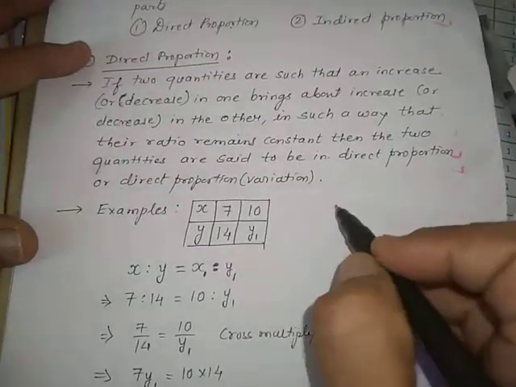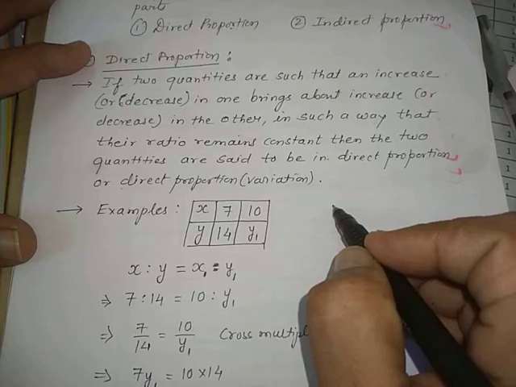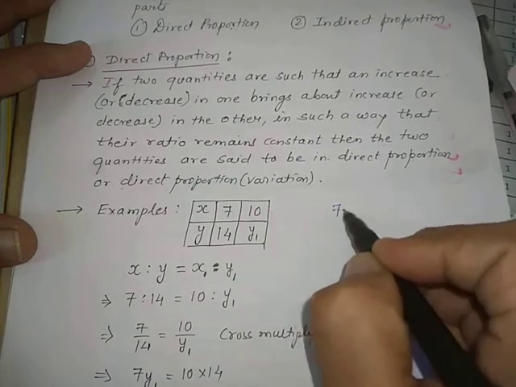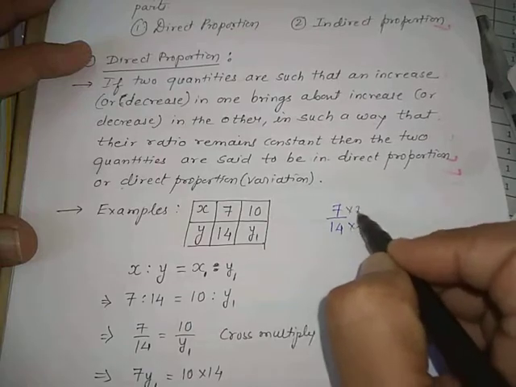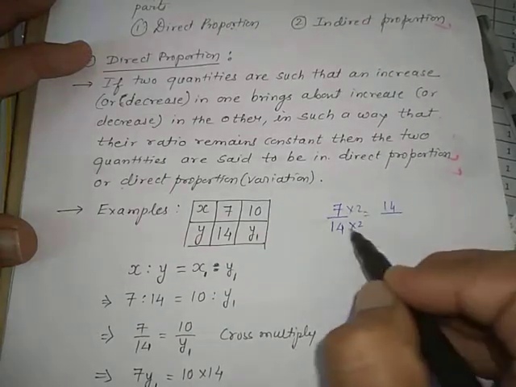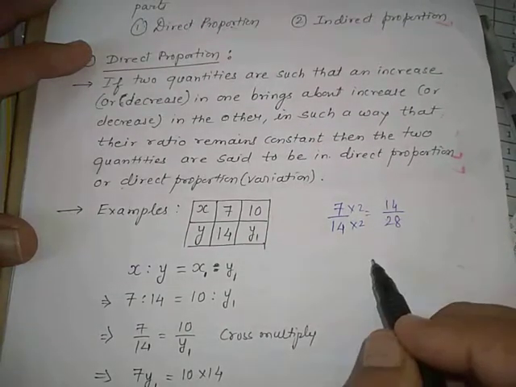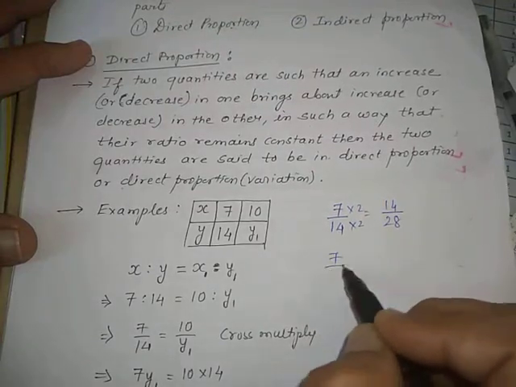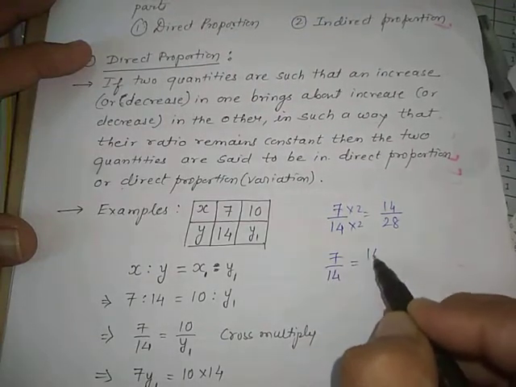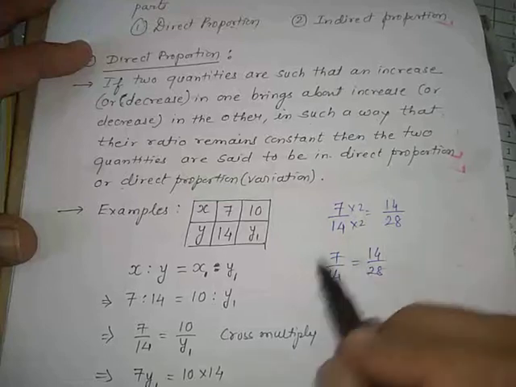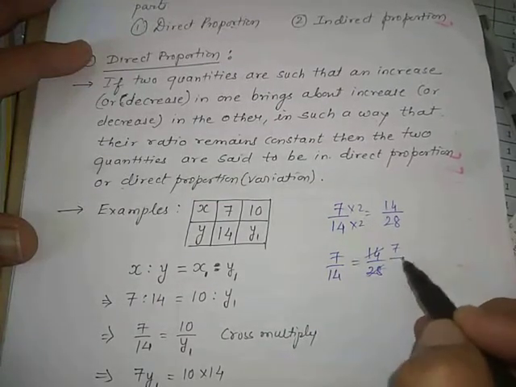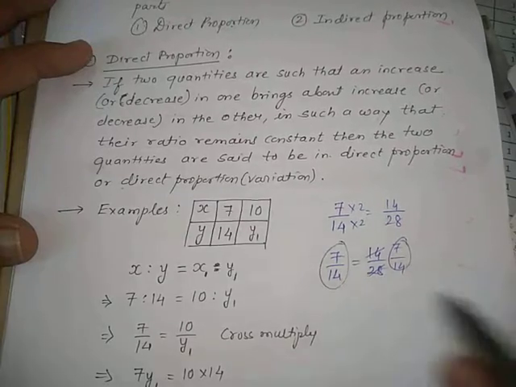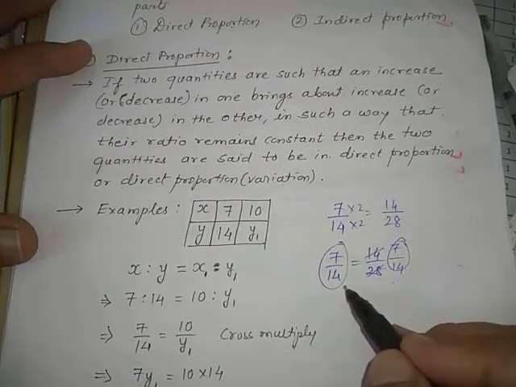Suppose, equivalent fractions you might have learned in your previous classes also. 7/14, so for its equivalent I will multiply both by 2, and you will get 14, and 14 twos are 28. So we can write that 7/14 is equal to 14/28. These two are equivalent fractions, because if we reduce it to standard form, again we are going to get 7/14 only.